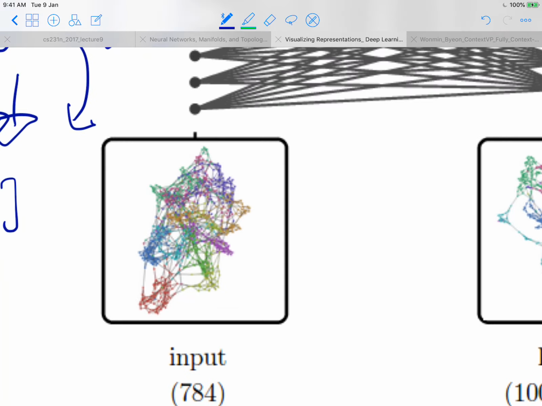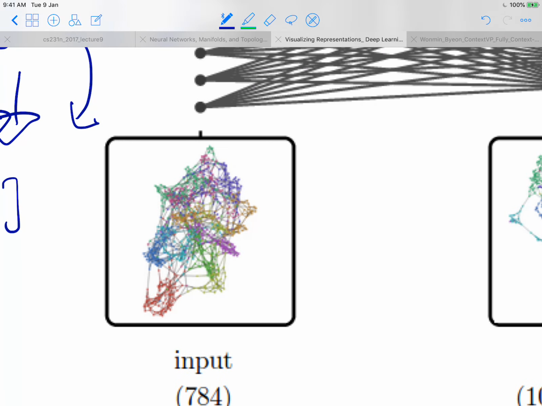This is an example of a dimension reduction result on the MNIST data. You guys know the MNIST data. MNIST data is a 28 by 28 grayscale picture representing a particular digit. Once we represent it as a single vector, the total input dimension is 784, which is 28 times 28.